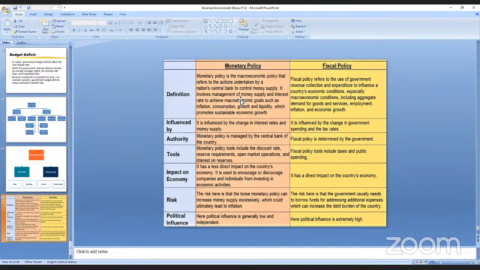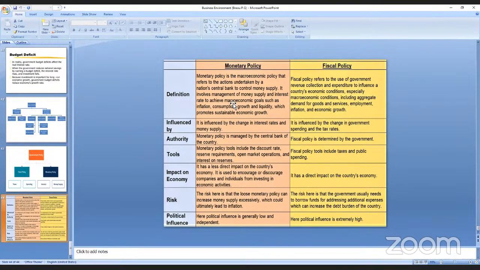It involves the management of money supply and interest rates to achieve macro growth goals such as inflation, consumption, growth and liquidity, that is sustainable economic growth. It is very wide, not small. It is not micro.